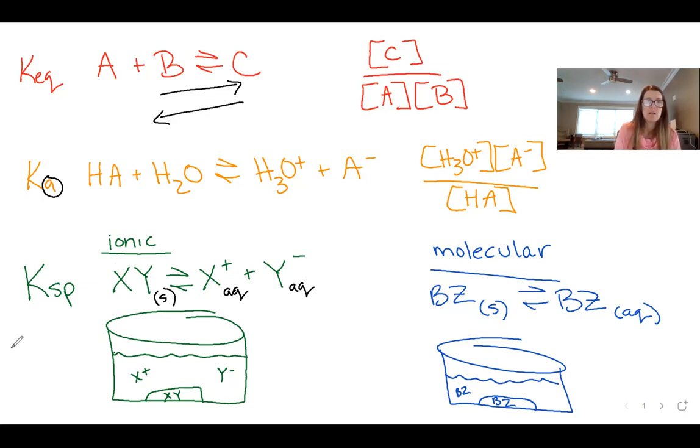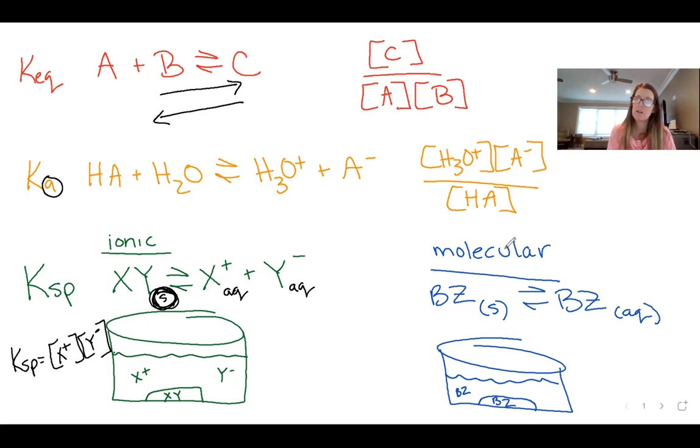You're going to have KSP is equal to the concentration of products over the concentration of our reactants, but because we're specifically talking about an ionic solid dissolving, there will be no denominator because, as we know, solids are not expressed in our equilibrium expressions. So we should be able to write lots of different equilibrium reactions and expressions for ionic compounds because it always takes this format, just as Ka always takes that format.